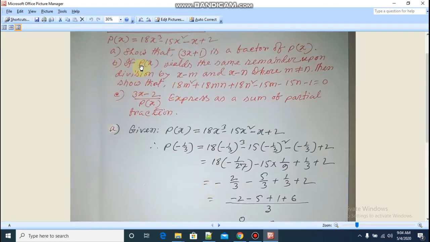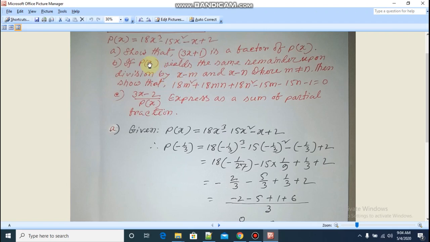Part B. If P of x yields the same remainder upon division by x minus m and x minus n, where m is not equal to n, then show that this. We know when P of x is divided by x minus m, the remainder will be P of m.